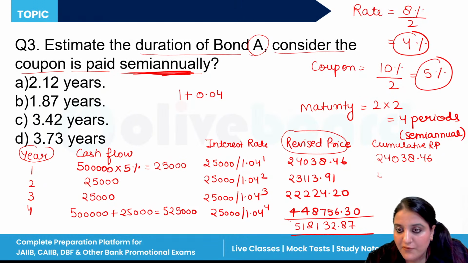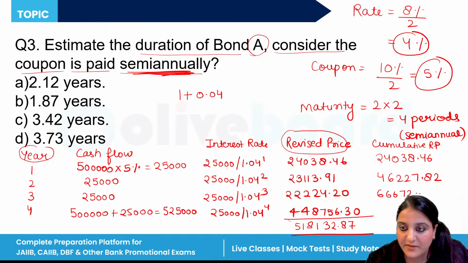So it is 46,227.82. Then we got 66672.60, and here at last by multiplying with 4, it is 1795025.20. Add this. In the last you got 1931964.08.